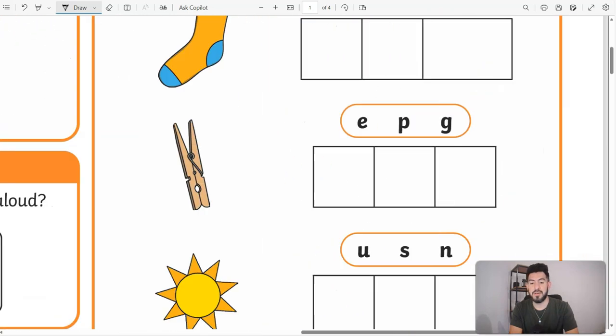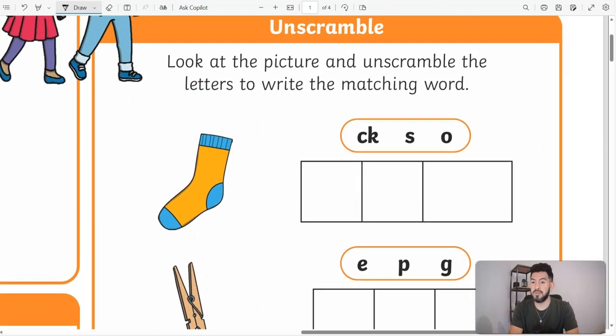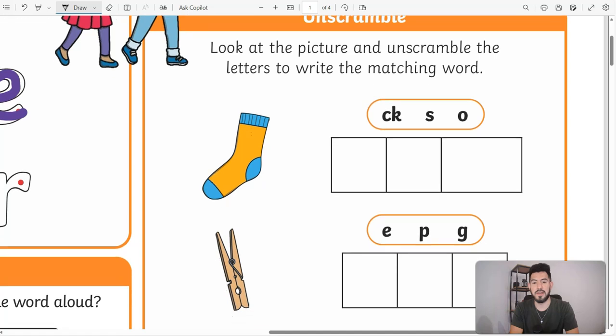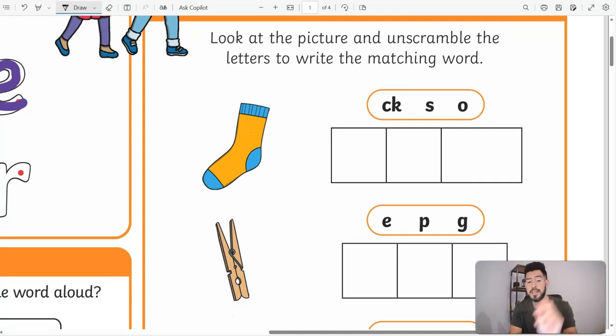After that, we go to these, which is my favorite, unscrambling, okay? You have the picture and the sounds you need to use to complete the word. So look, boys, this word has 4 letters, but 3 sounds. 1, 2, 3 sounds. So I can help you with some silent dictation in case you don't remember.